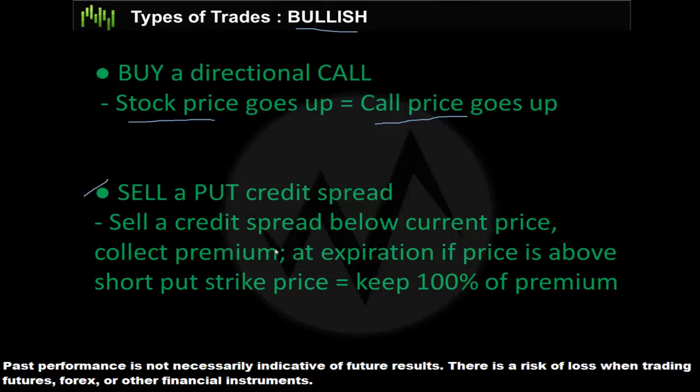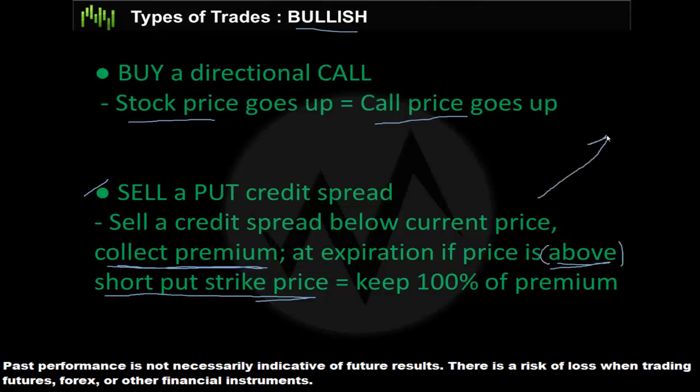Now, I will show you this later on, but just listen and take in what I'm saying about a put credit spread. When I sell a credit spread below the current price, I collect a premium at the time I sell it. At expiration, if the price is above the short put strike, we get to keep that premium, because we're being bullish.